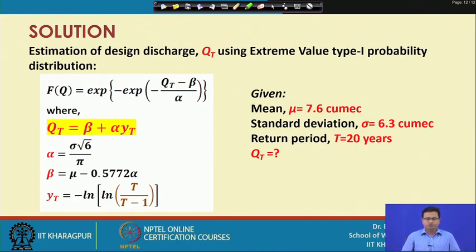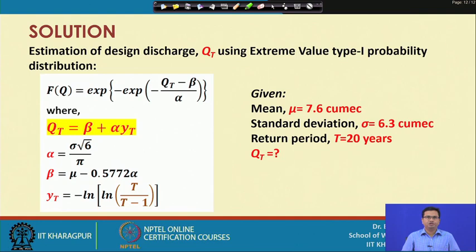This equation shows the Gumbel probability distribution function. In this case, Q t is my design discharge value having a return period of t, here t equal to 20 years, and that is given as beta plus alpha into y t.